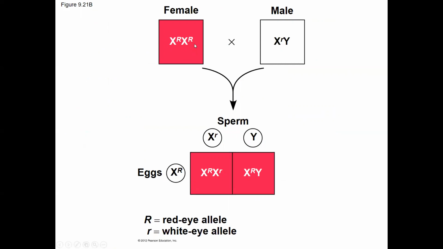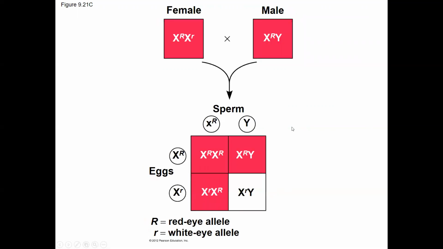So if you are a female and you carry two dominant alleles, then all your offspring will have the dominant trait. It doesn't matter if the male is carrying the recessive allele. However, if you are a female and you are carrying one of the recessive alleles, then you are able to pass along the recessive trait to your offspring.